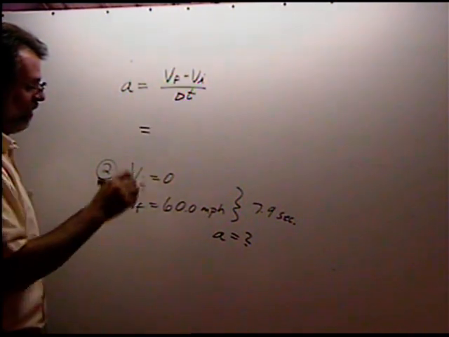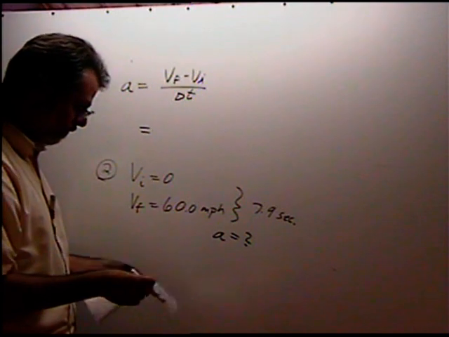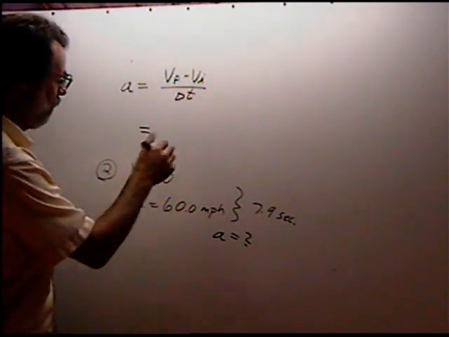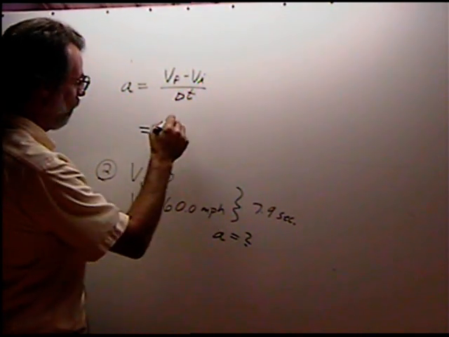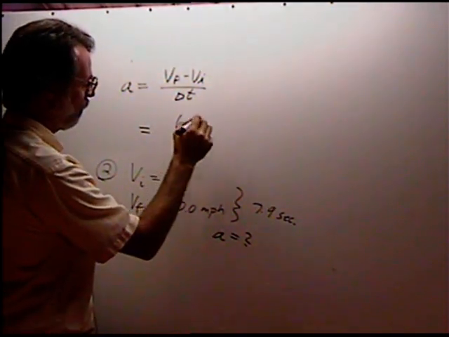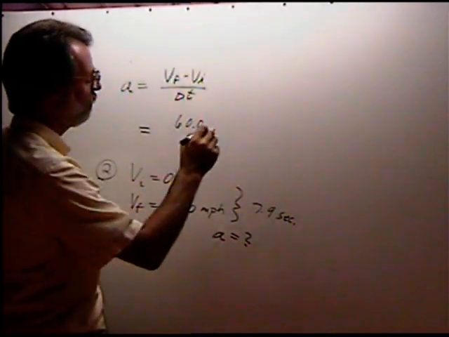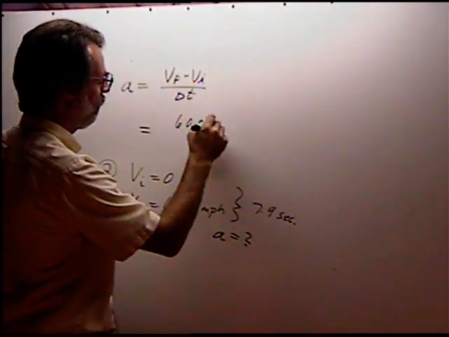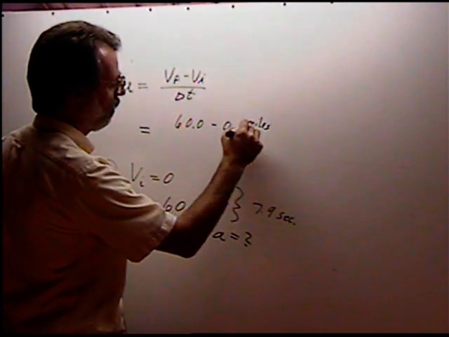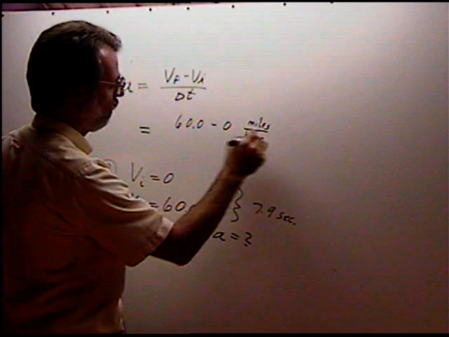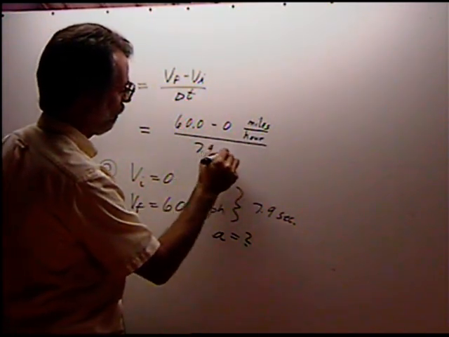And this is really a units problem. I will leave this to you to work out the details, but the final velocity is 60.0, that tells you there are 3 significant figures, minus 0, and this is in miles per hour, divided by 7.9 seconds.